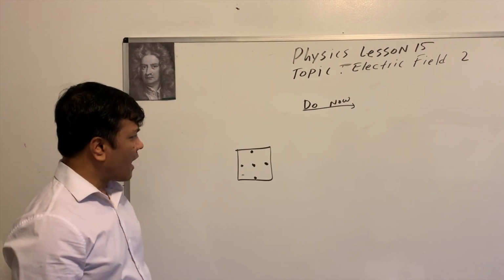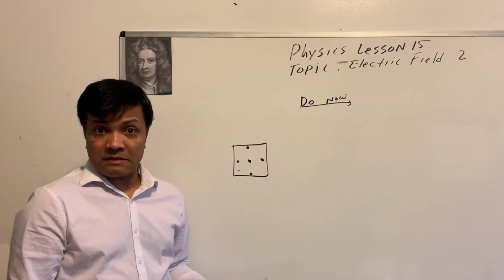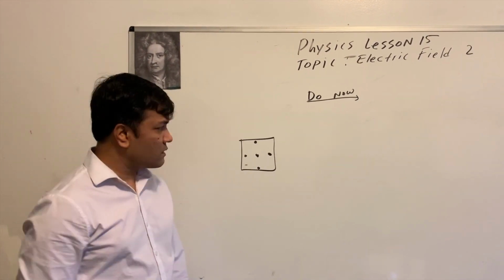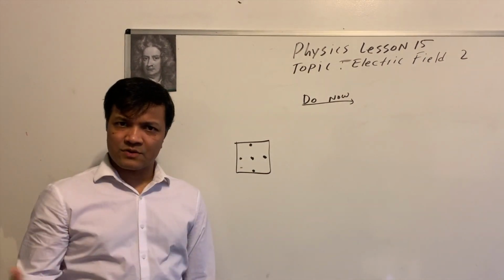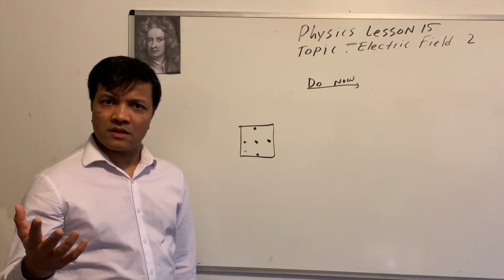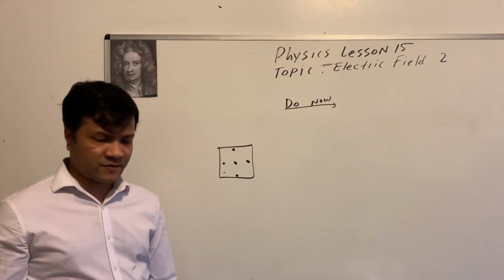And what can you do with this field? Well, it has a capacity to do something. I said yesterday, if you bring ice close to the radiator, the ice will melt. If you bring coronavirus, for example, what will the field do to the coronavirus?